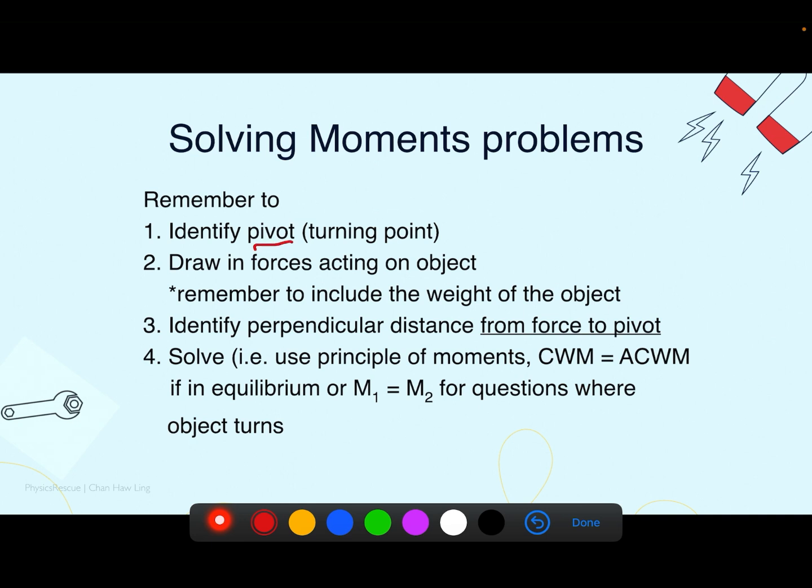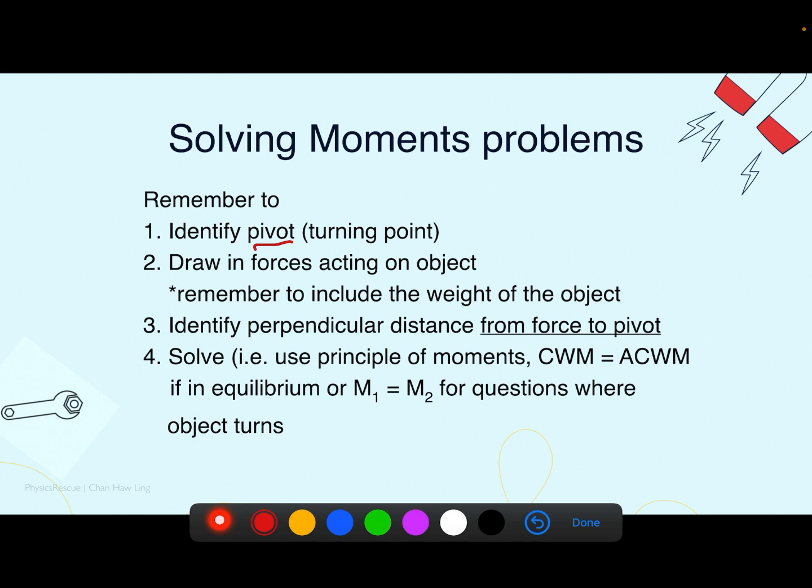It is not always obvious, although most of the time it will be obvious because it will be a joint or a hinge or a triangular object that denotes the pivot, but it is not always the case. So it's important to identify where the pivot is, and number two, draw the forces acting on the object.